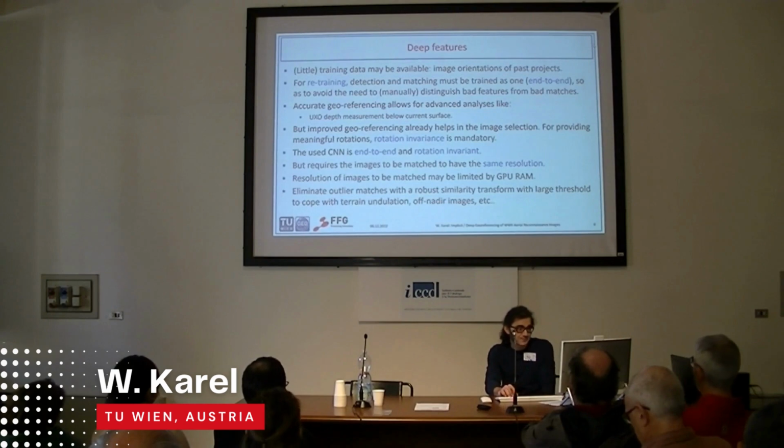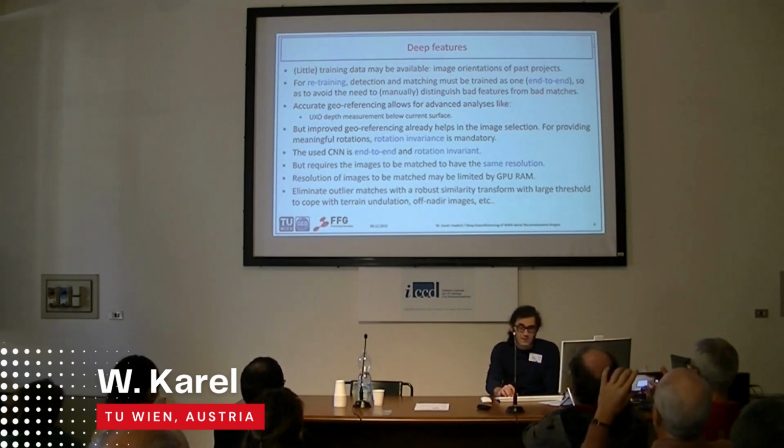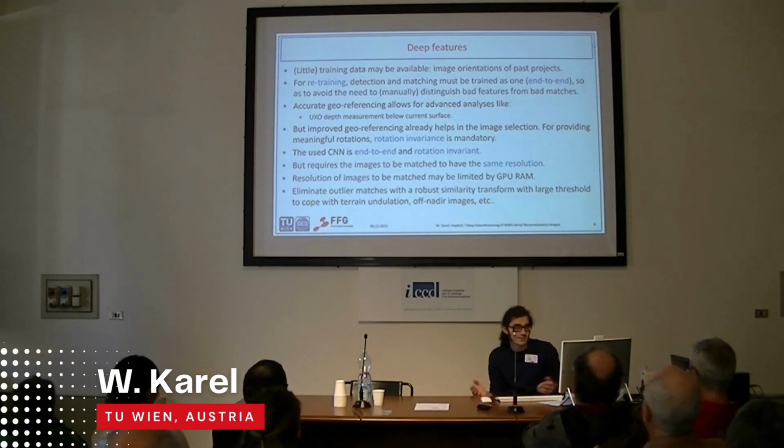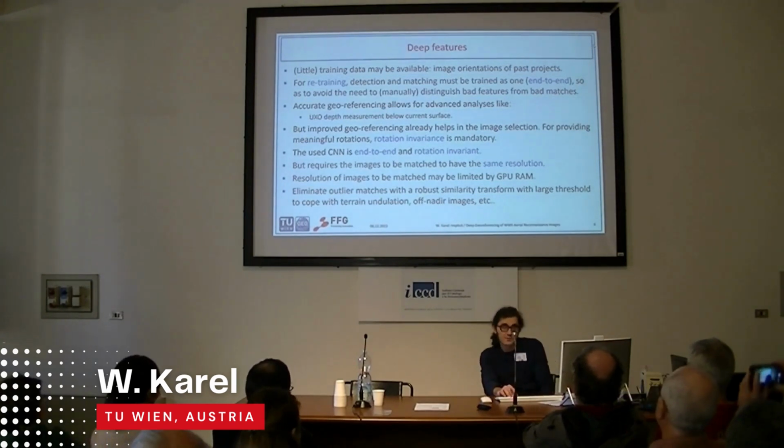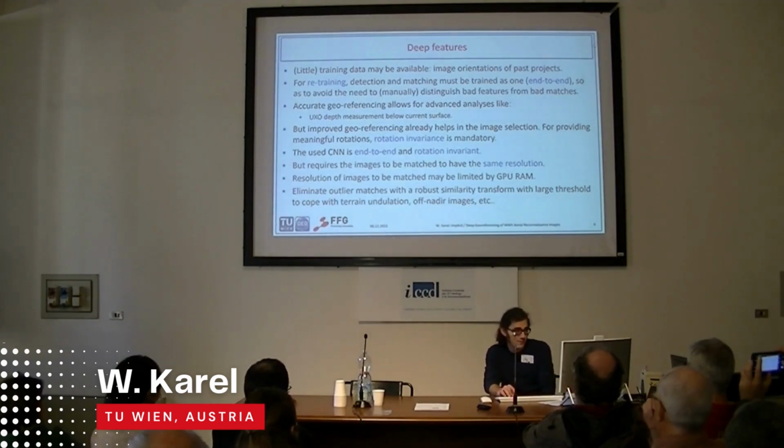Now, some quite general restrictions are the images to be matched. They must have the same resolution. We have quite different scales here. And the resolution of images may be quite limited by the GPU RAM.